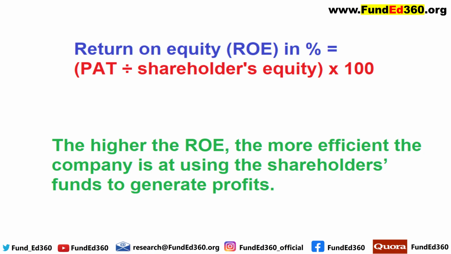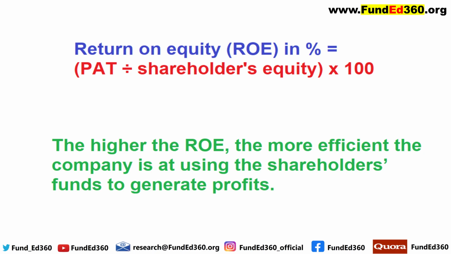ROE mathematically can be found as the ratio of profit after tax to shareholders' equity, expressed in percentage. That means PAT divided by shareholders' equity, in percentage. In the case of Hindustan Unilever, the shareholders' equity is 8,031 crores and PAT, profit after tax, is 6,738 crores.